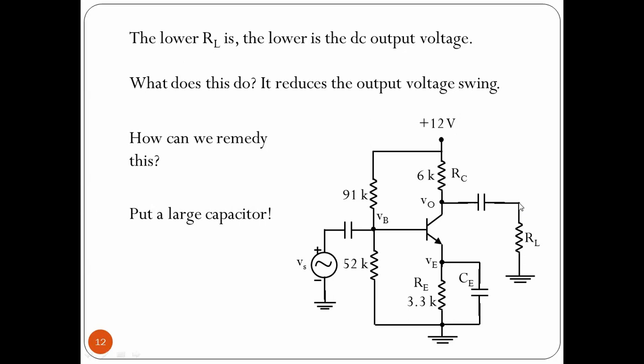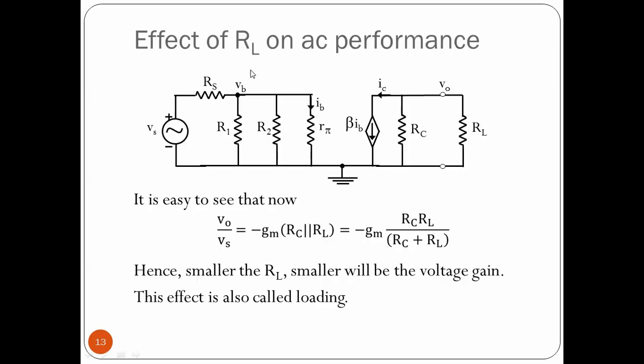What about AC? So what is the effect of RL on the AC performance? So this is the AC circuit and we've connected an RL here. So how does the connection of RL affect the voltage gain? This is of course easy to see. The voltage gain now, VO by Vs, is minus GM into RC parallel RL.